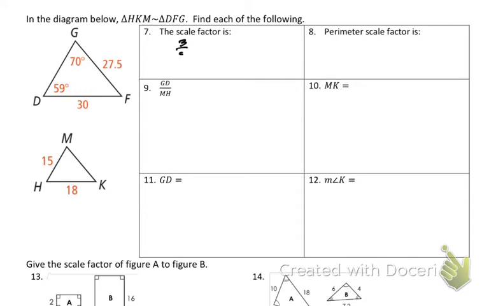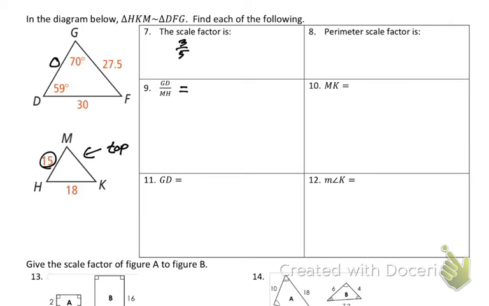So you have 3 over 5, which means that you called the small one your top, right? Okay. Well, GD over MH. If I look at GD, GD is right there. Do I know the value? No. And MH is here. But it doesn't matter. It says GD over MH.